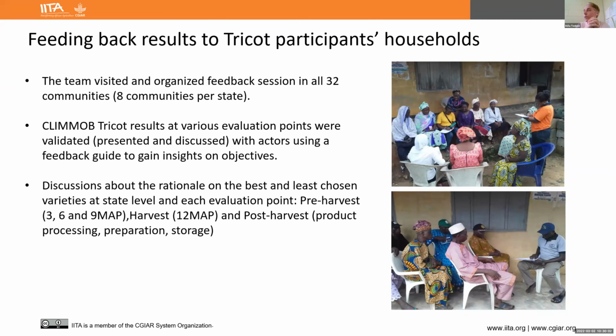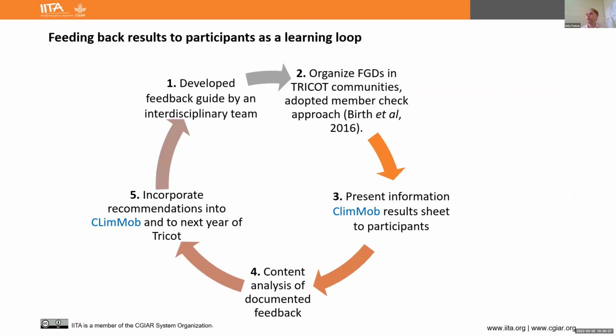The discussions are about the rationale for the best and the least chosen varieties at state level and each evaluation point. So they all get a list so that they can see what they did throughout the whole evaluation. They can see the results and they can see the final choice, so that they also know what they did and how they can relate that to the results.